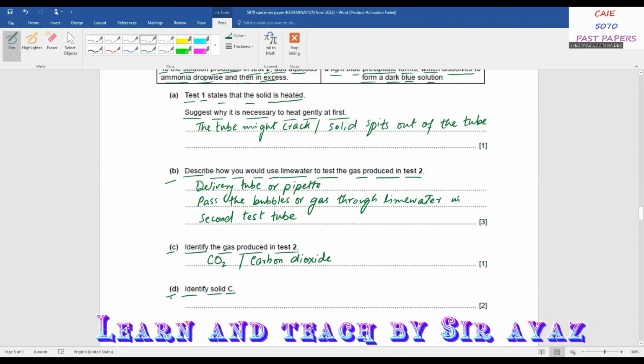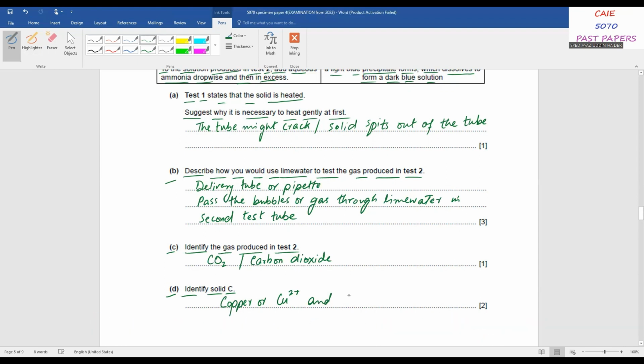It must contain copper or Cu 2 plus, copper or Cu 2 plus, both are correct, and carbonate or CO3 2 minus. You can even write copper carbonate.